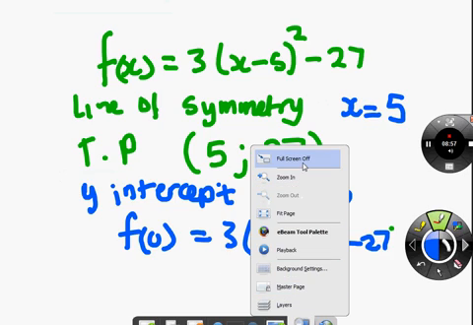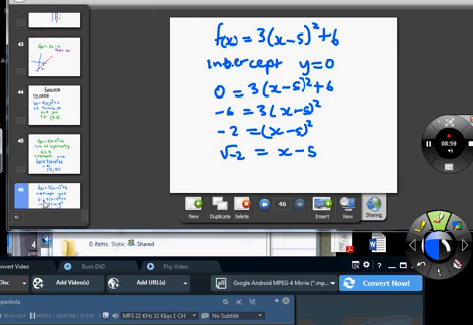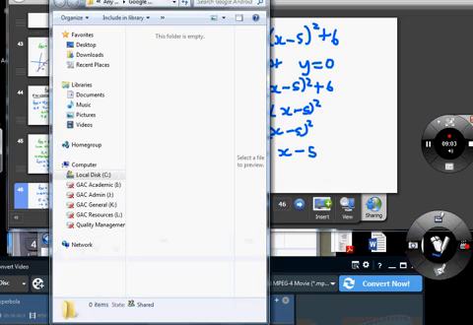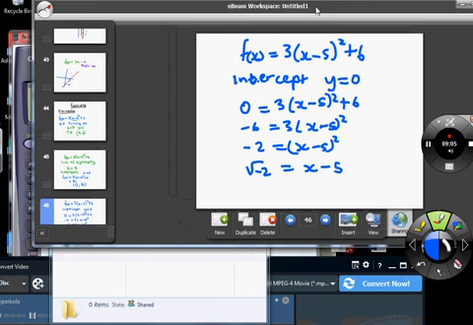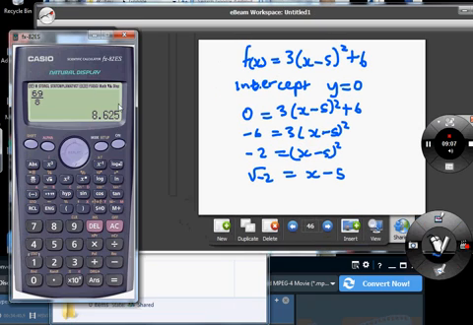I'm just going to refer to my calculator because it's much easier. So with the calculator, it's 3 bracket 0 minus 5 close bracket squared minus 27.